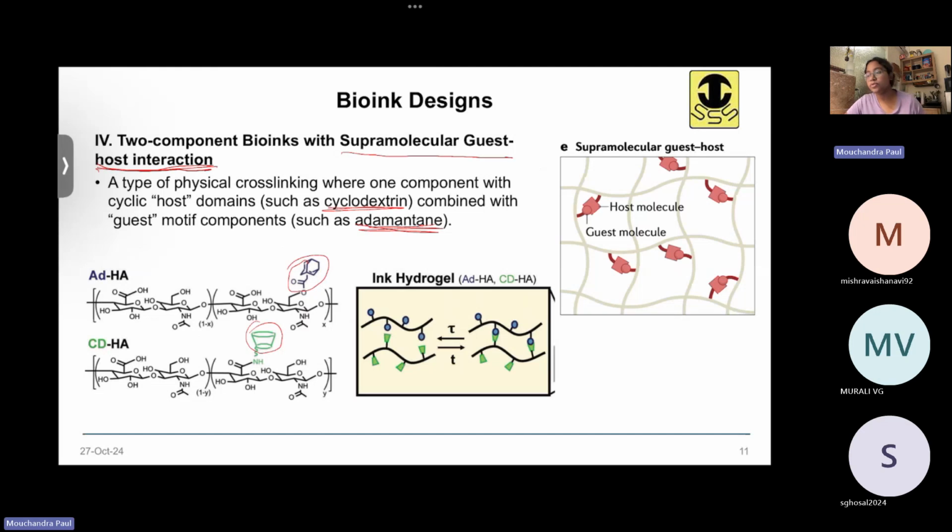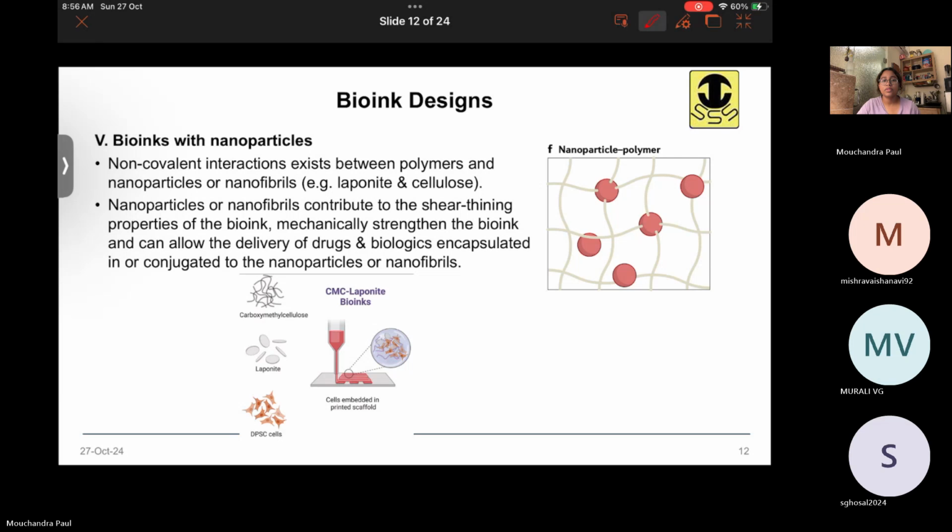Then another type of bioink design involves the use of nanoparticles. Okay. So you understand what nanoparticles are? These are very small particles whose size is in the range of nanometers or submicrons.